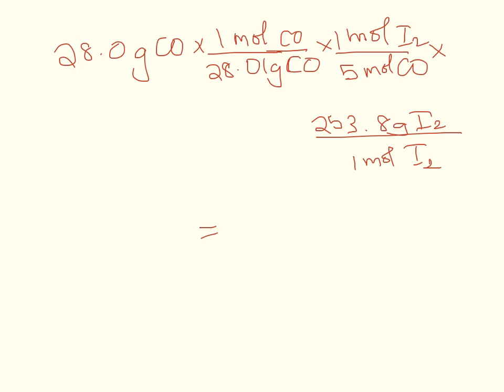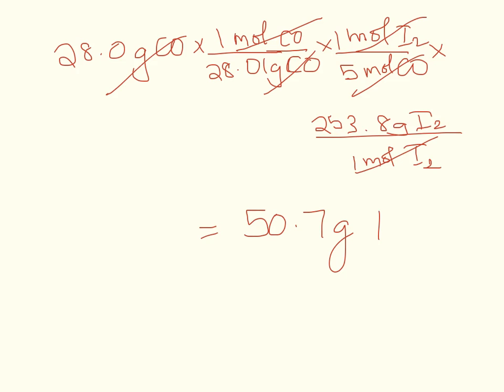Again, pause the video for a minute and make sure the numbers are the same numbers that you are getting as well. So when we cancel this out, we end up with 50.7 grams of iodine. So from 80 grams of I2O5, you got a yield of 60.8 grams of iodine.